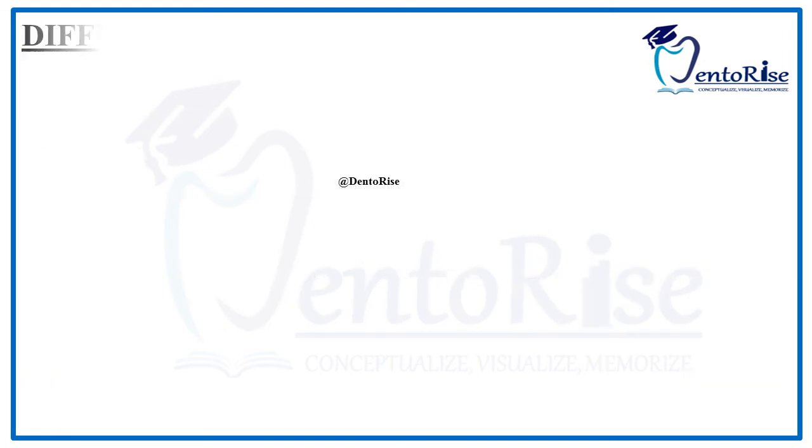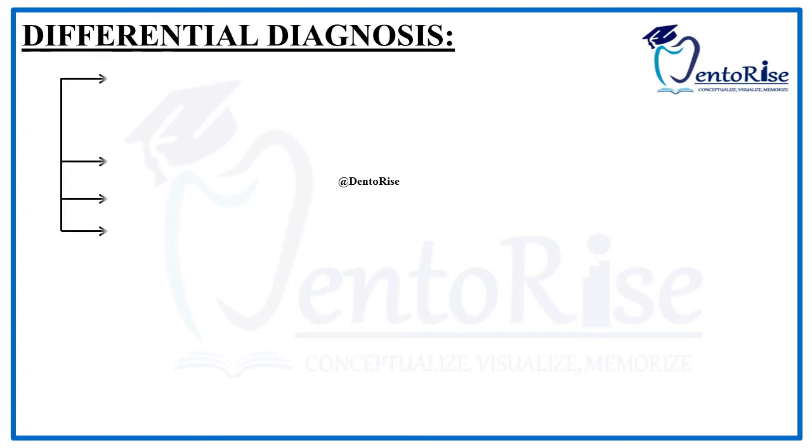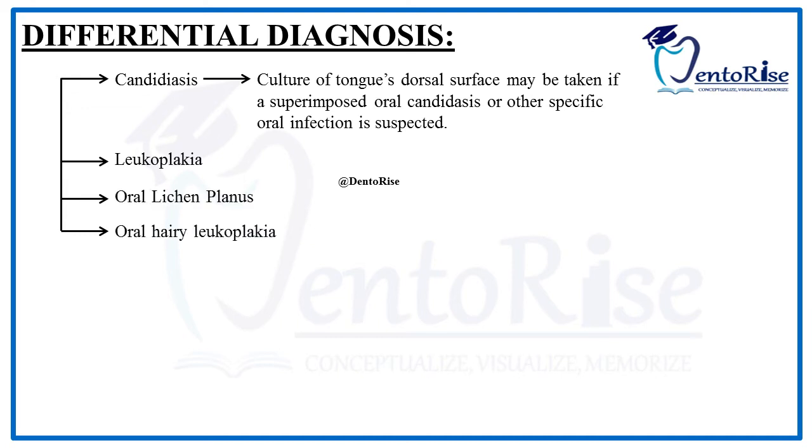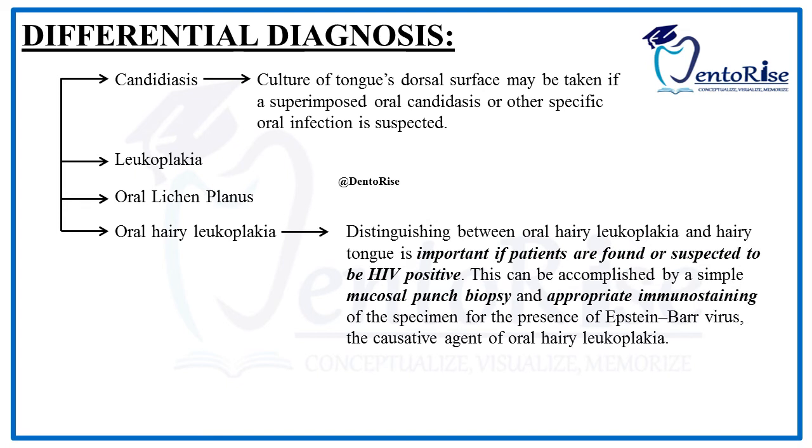Coming to the differential diagnosis of this pathology, if a superimposed oral candidiasis or other specific oral infection is suspected, then the culture of the tongue's dorsal surface may be taken. Others include leukoplakia, oral lichen planus, and oral hairy leukoplakia. Distinguishing between oral hairy leukoplakia and hairy tongue becomes important if patients are found or suspected to be HIV positive.